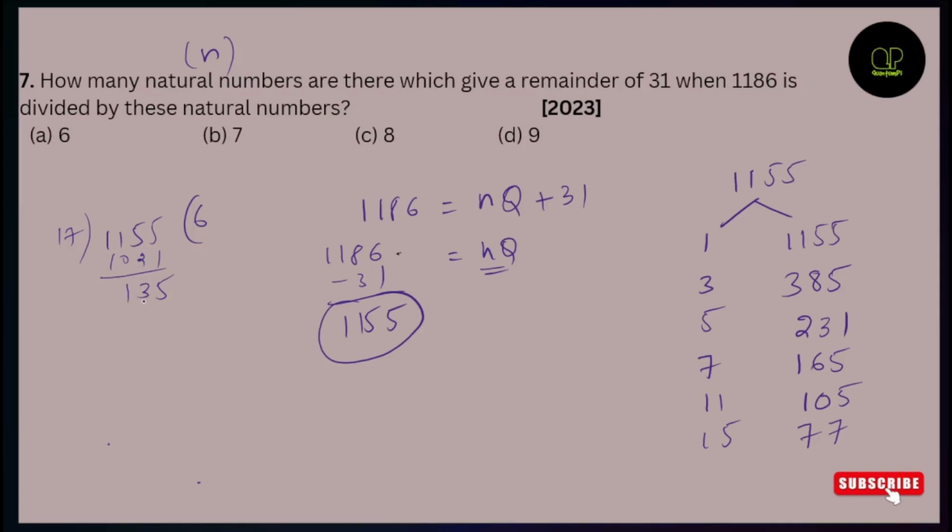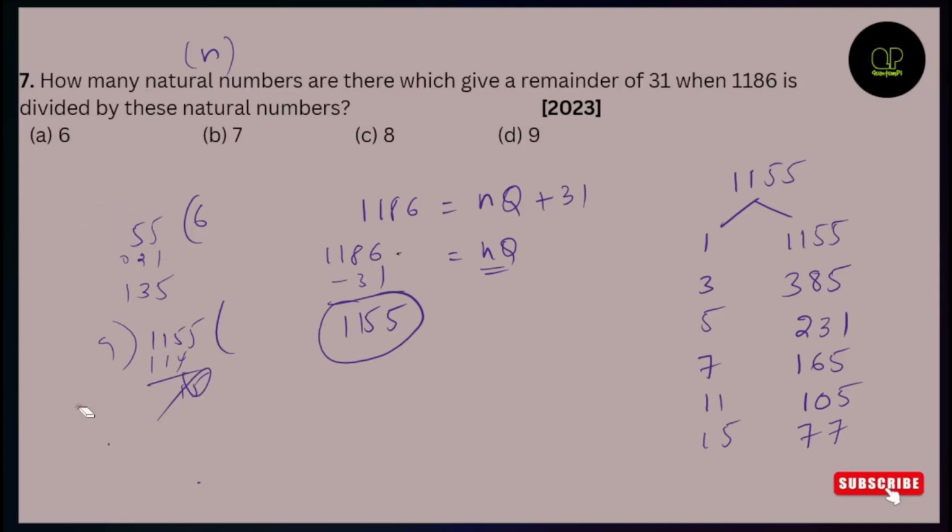So no, it doesn't go with 17. 18, it's not going with 9, so why would it go with 18? 19, let us check. 19 fives are 95, 19 sixes are 114. It doesn't go with 19 as well.